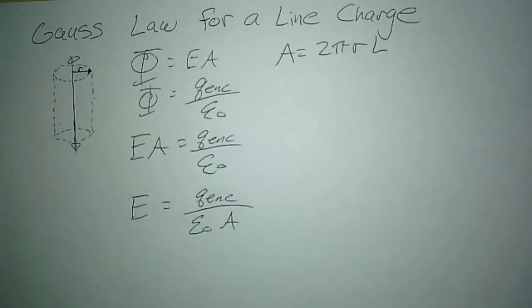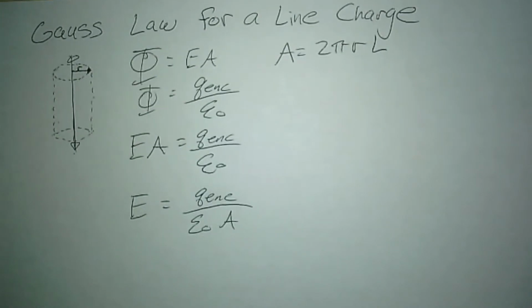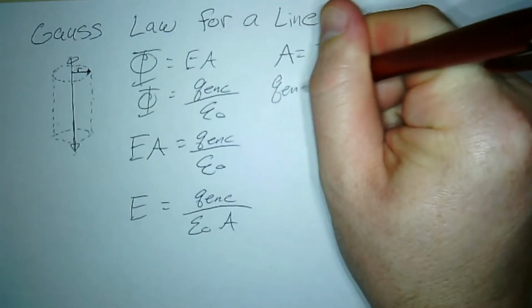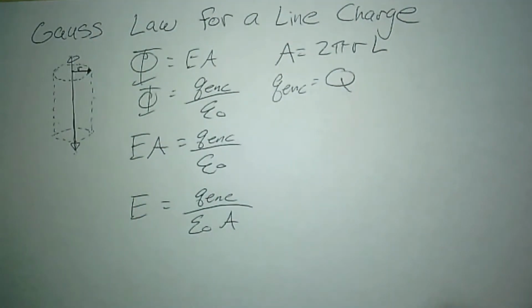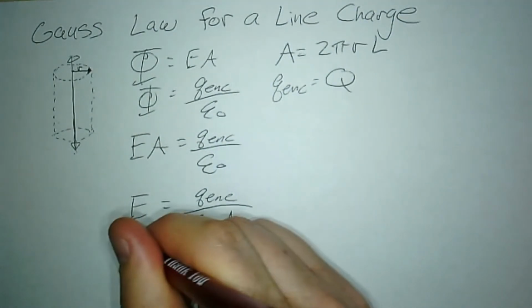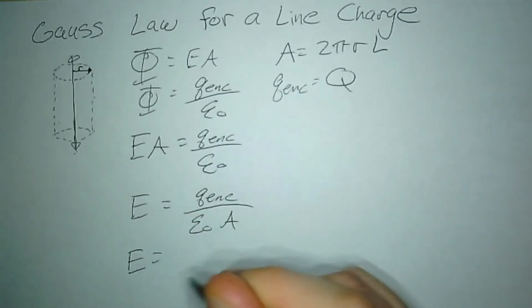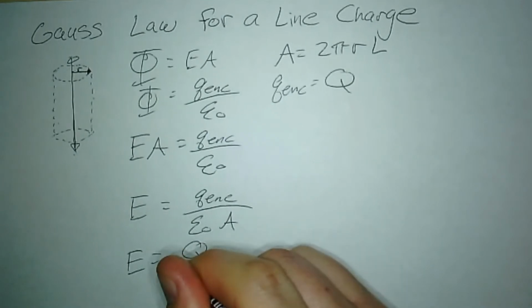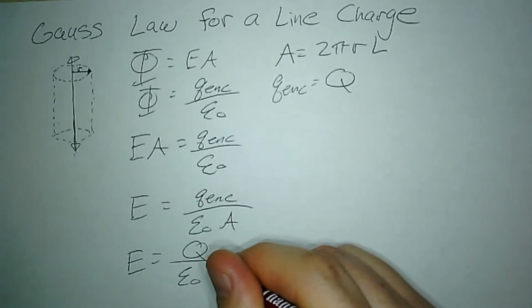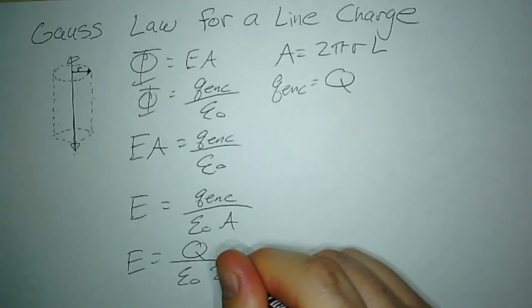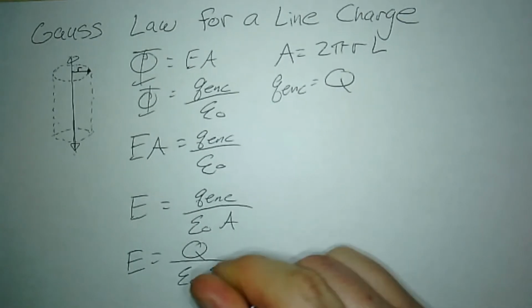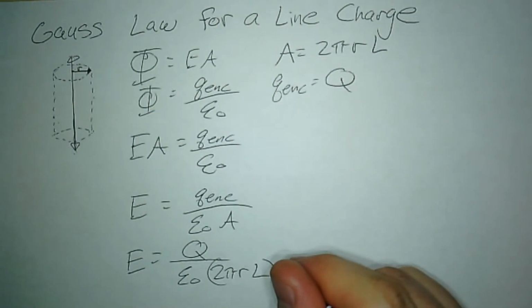And so if we make this thing infinite, the end caps don't matter. I have an infinite length there, and I have an infinite charge, because my charge enclosed is just going to be q, we'll say. So let's go ahead down here, and we're going to substitute in. I'm going to say q over epsilon naught times 2 pi r L. I'll put that in parentheses just so you can see I substituted in.